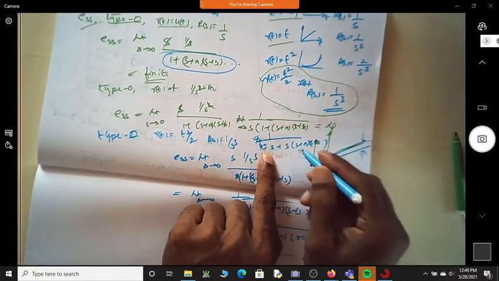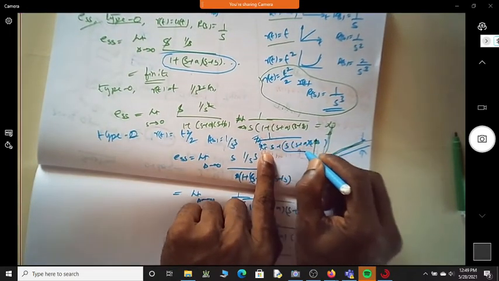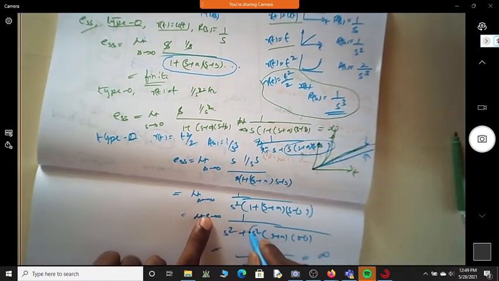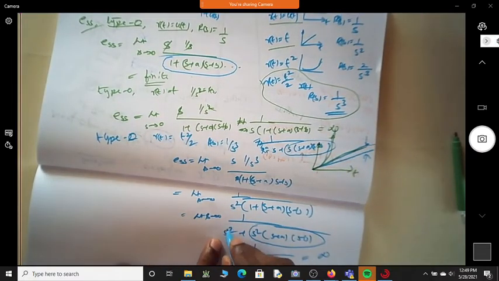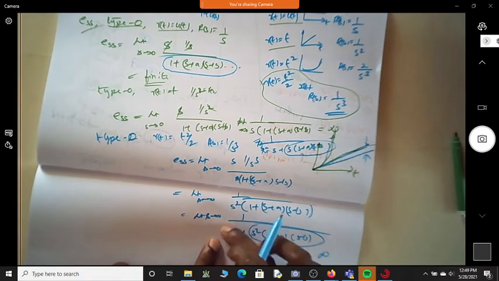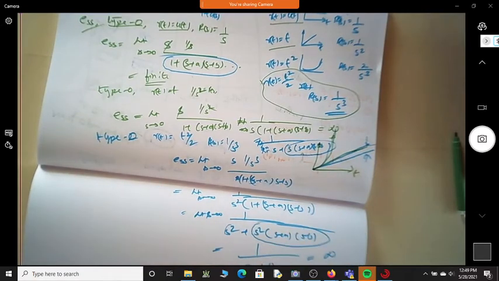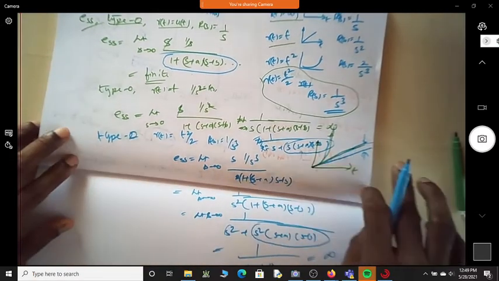Yes, sir. So are you applying the limit to only this portion? How about here? Because when you apply s tending to 0, this will certainly go to 0. Then depending on the value of a and b, of course this may also go to 0, but you have to apply the limit and see.